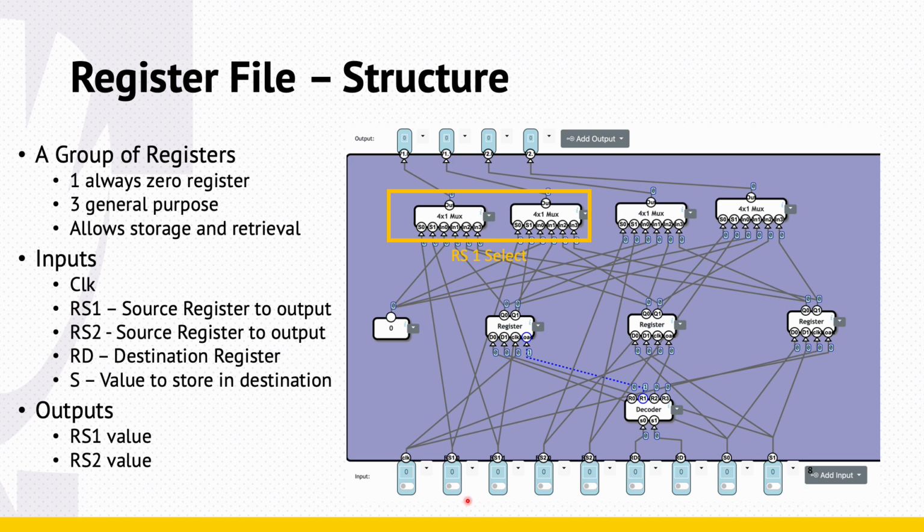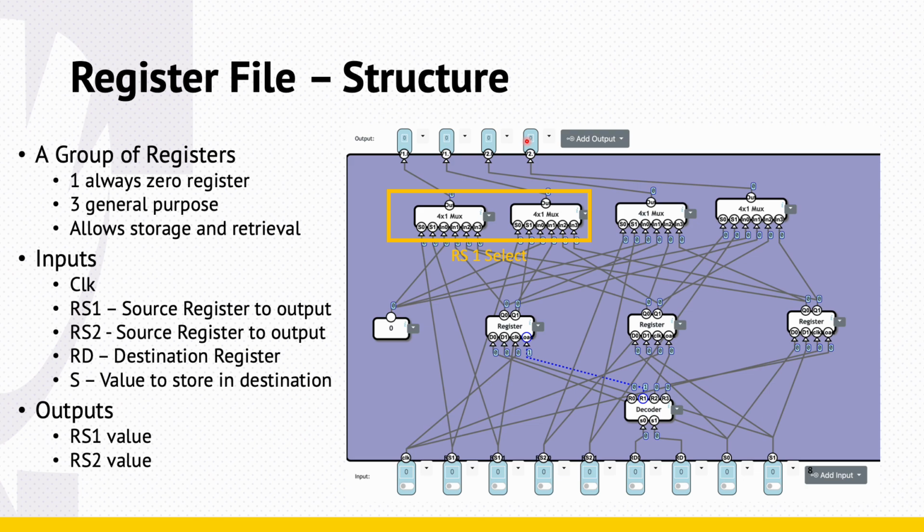So to output the value from this register into RS1, we would need to put a 1 here and a 0 here. Same deal if we want to output this register into RS2. We would put a 1 here and a 0 here, and then this multiplexer and this multiplexer will be used to select this register's values and output them in RS2.